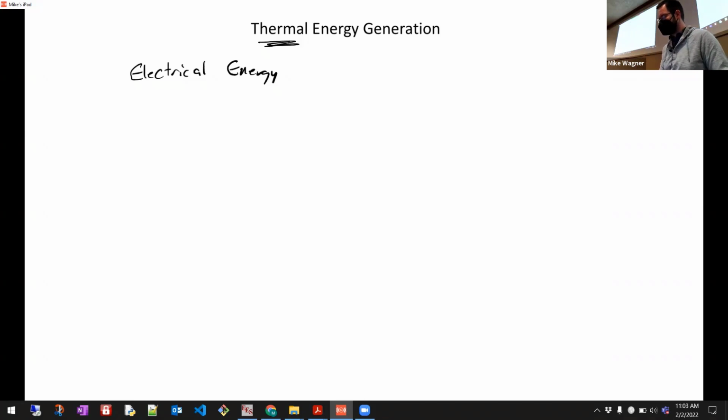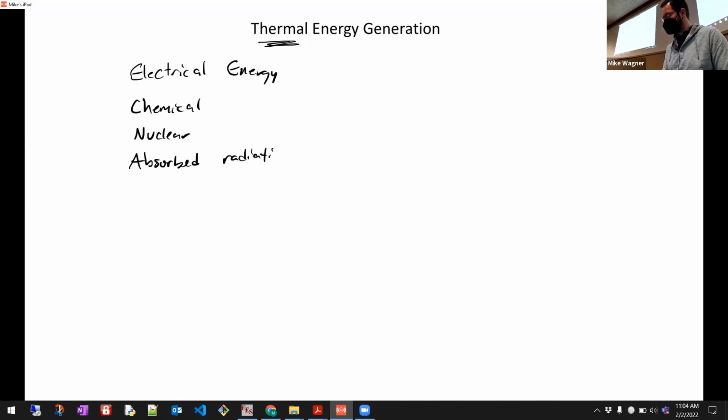So we have electrical energy. Other examples, you might have chemical energy. You might have a reaction occurring within the volume. You might have a nuclear reaction. So a nuclear fissile material will be radiating heat to its surroundings in a volumetric sense. This is occurring within the volume of the material. You might also have absorbed radiation.